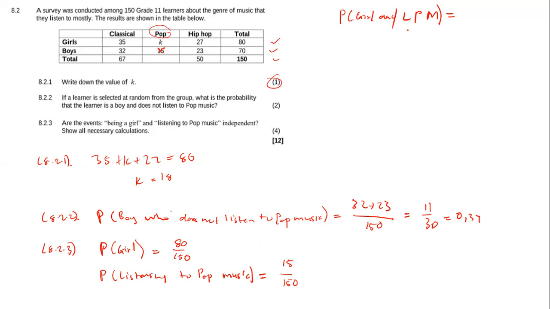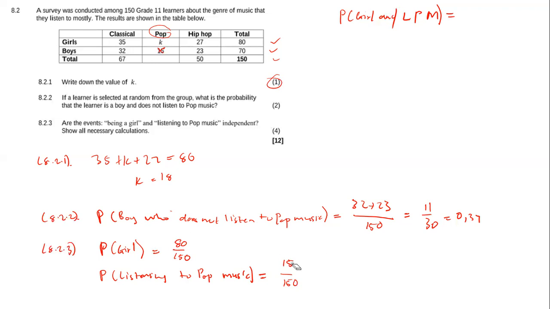A girl and listen to pop music. We want a girl who listens to pop music. Now, what will be the probability of a girl who listens to pop music? It's a mistake, it's not 15, oh, girl, not boys.